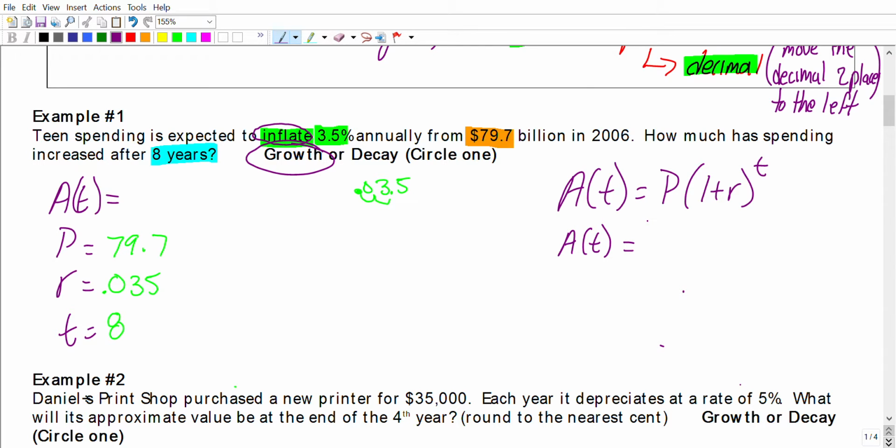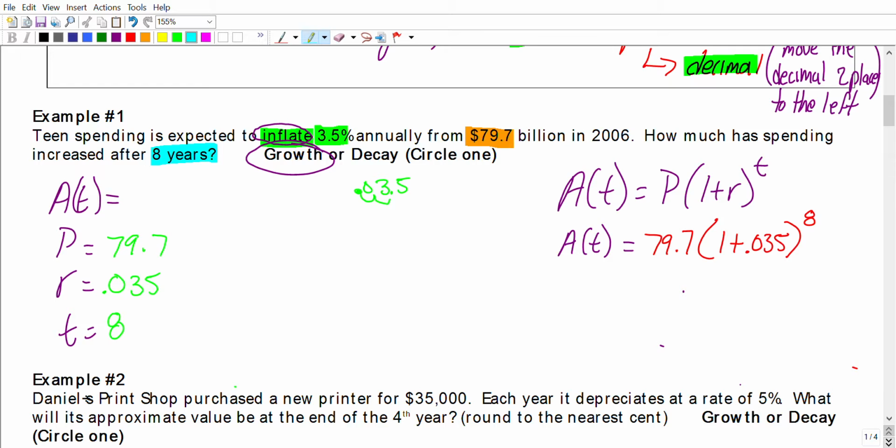Let's substitute everything else in now. So this is 79.7 times 1 plus my rate, which is 0.035, and then finally raised to the 8th power. All right guys, go ahead and solve that and type it into your calculator.